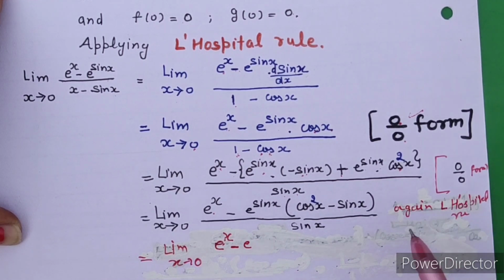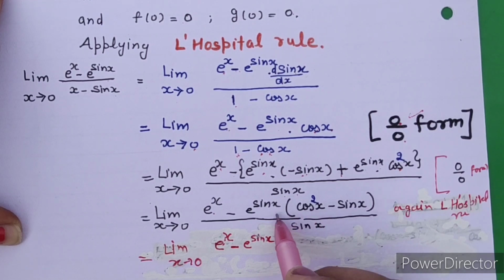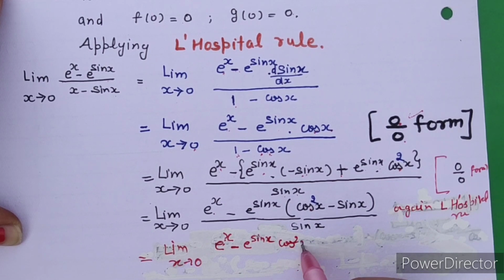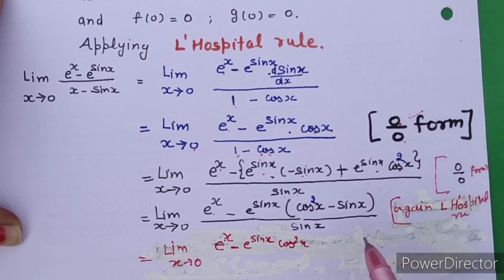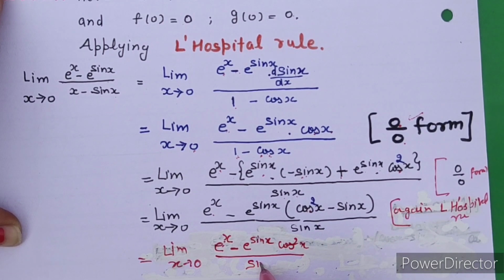So before applying the rule, first I will write this in this form. I am writing it like this, sin x, and this is cos^2 x. I am not applying the rule now. I am just writing this expression in simplified form, that is sin of x here. This minus gives you plus.